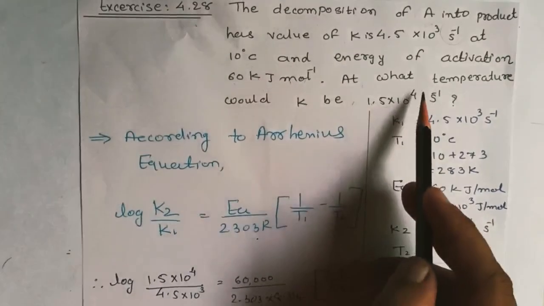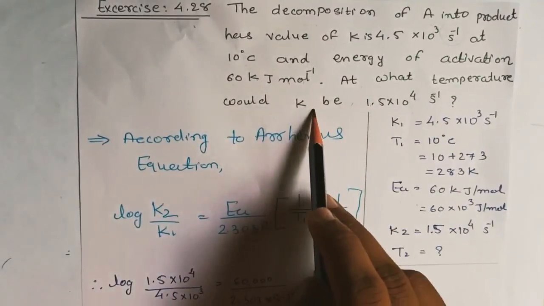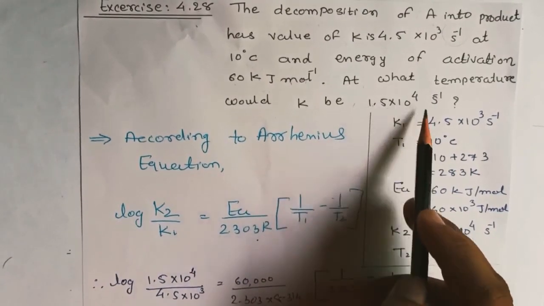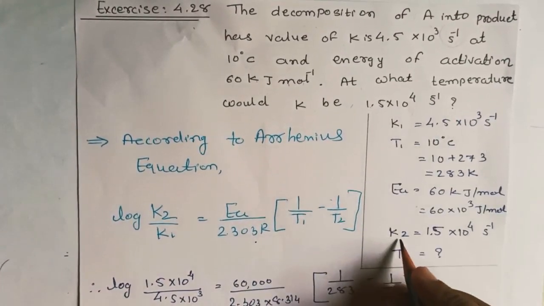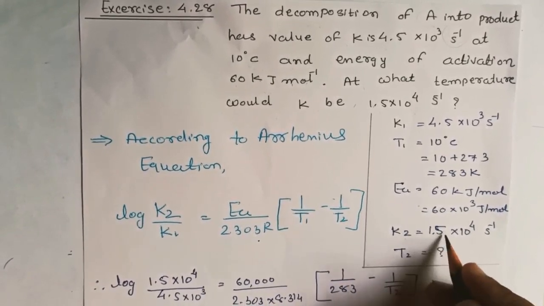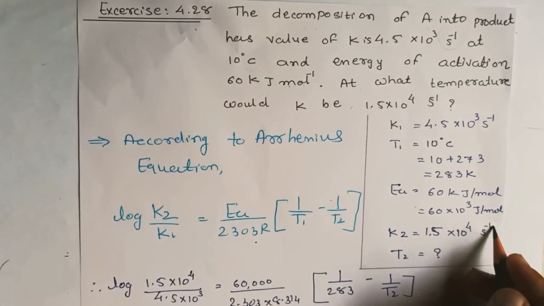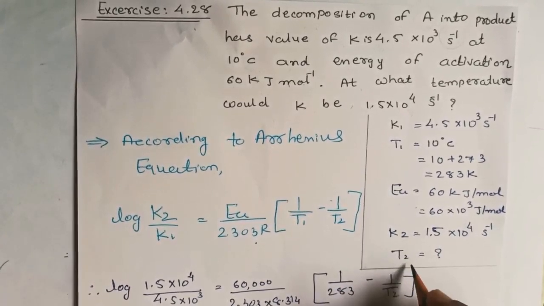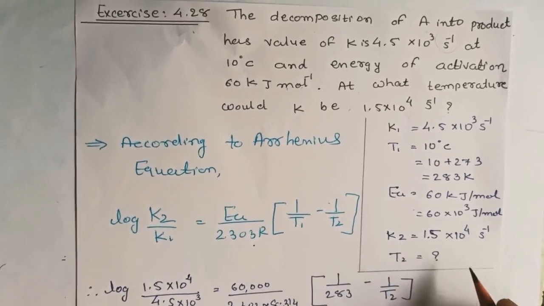Now we have to find the temperature when the value of the rate constant will be 1.5 into 10 to the power 4 second inverse, which is our K2, and we have to find the temperature for that rate constant value. So we have to find that T2, right?